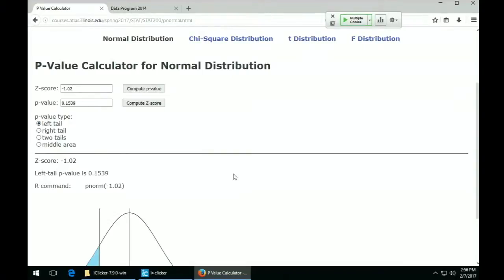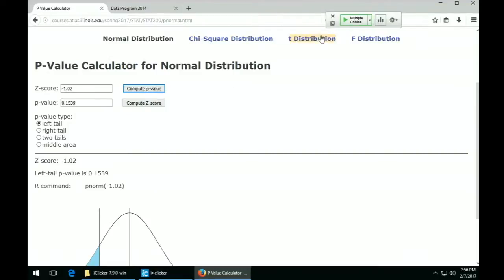So let's see what it gives us, and we want to compute the p-value. So it's 15.39. You can write that in your books. I'm going to write it before I forget. We said approximately 16, but it's 15.39 to be exact. So maybe on your homework, you can use this, but on the exam, of course, I have to give you stuff because you can't have a computer.